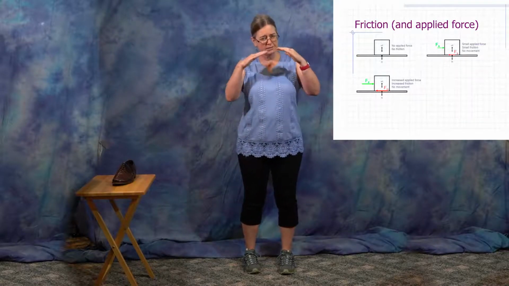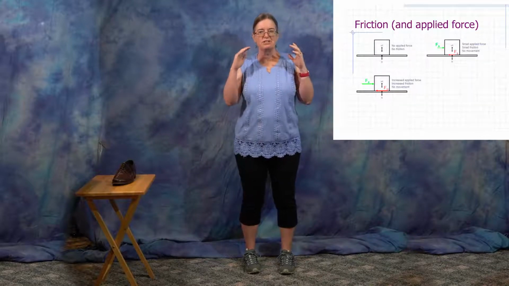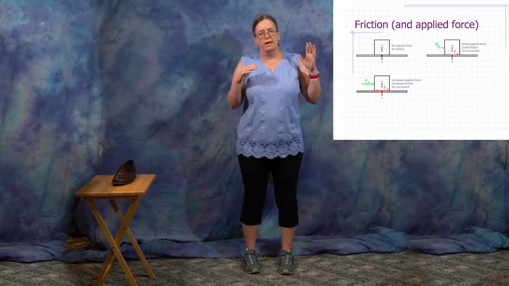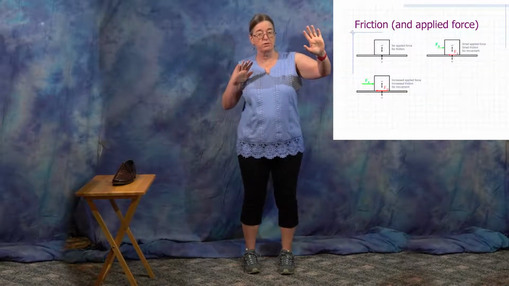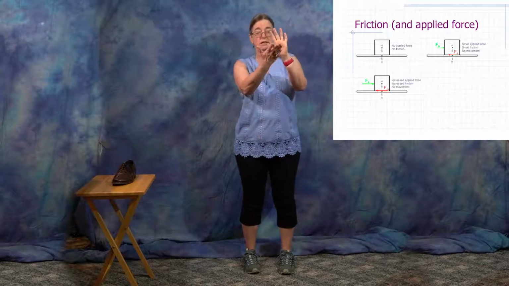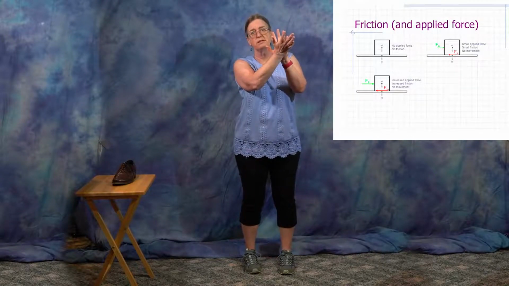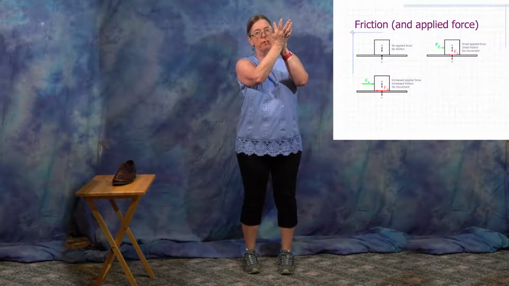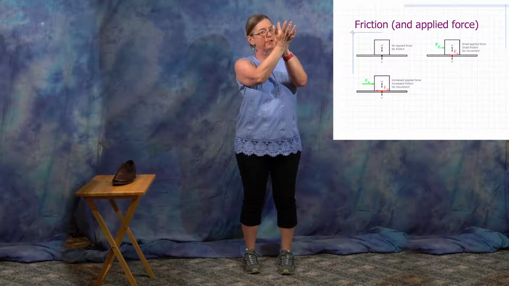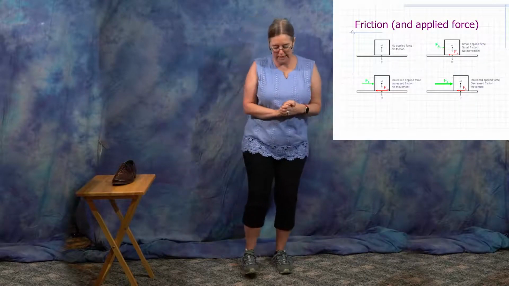Now, as I reach that level, there's something called the maximum static friction. So I can push and push and keep increasing the force I'm pushing with, and friction keeps increasing too until it reaches a maximum point. And it still won't move at that point in time, but it's the maximum amount of friction it can create.